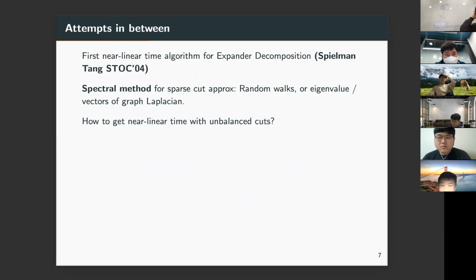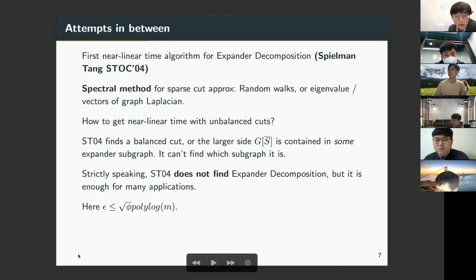Then here comes the near linear time algorithm for expander decomposition, and it uses a spectral method for sparse cut approximation. The main question is how to get near linear time with unbalanced cuts. This algorithm finds a balanced cut, or if it's not balanced, then the larger side is contained in some expander subgraph.